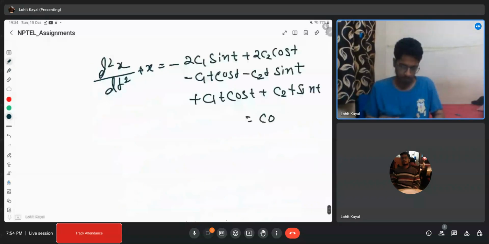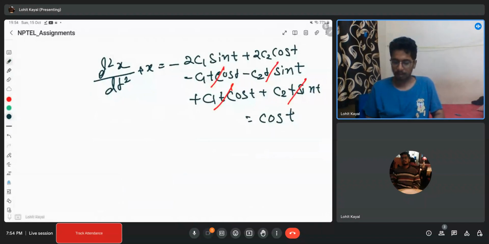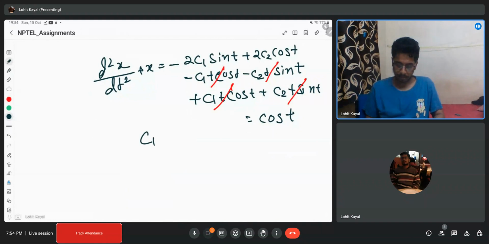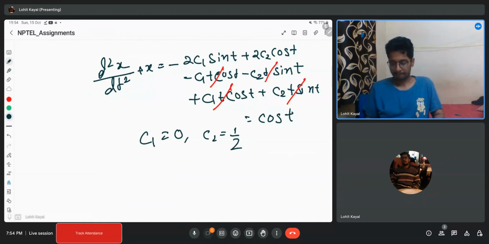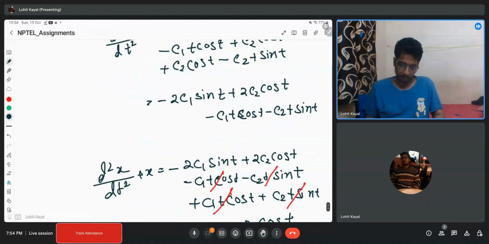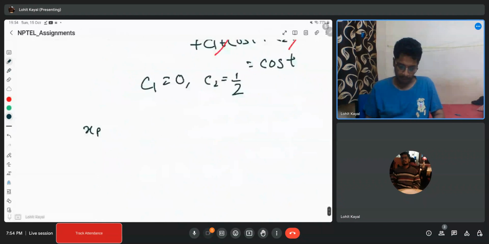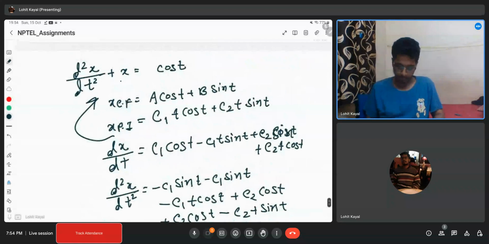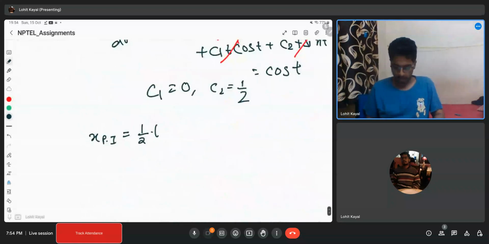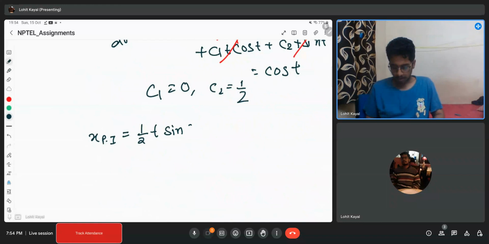So these four terms will get cancelled, and from comparing the left hand side and right hand side, we will get c1 equal to 0 and c2 equal to half. So your x_PI is equal to half t sin t.